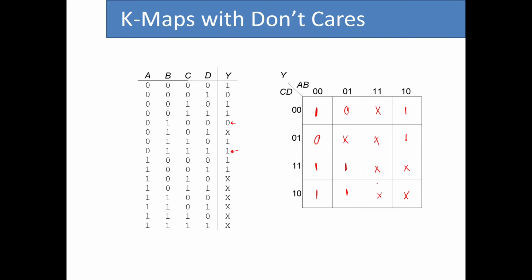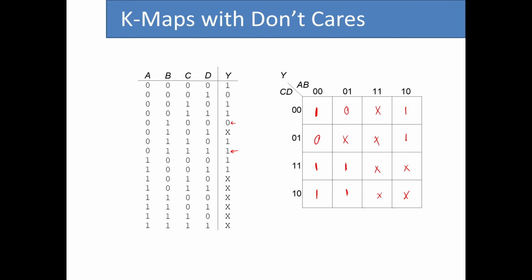So as you can see here in this Karnaugh map, we have 1, 2, 3, 4, 5, 6, 7 cells to be don't cares. So are these going to be beneficial when we want to do the simplification of the Karnaugh map? The answer to that is most likely yes, right?